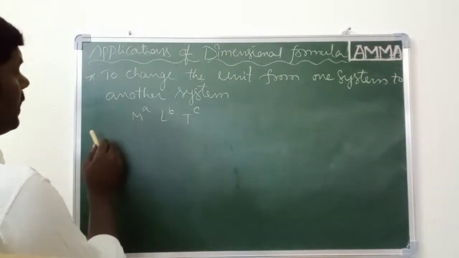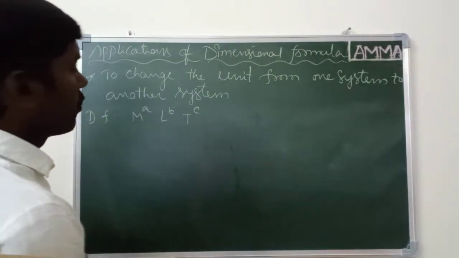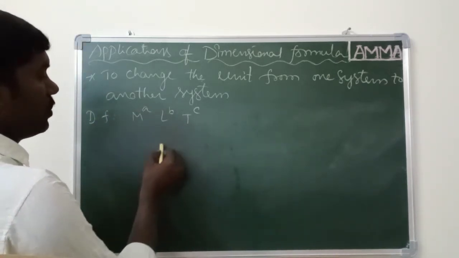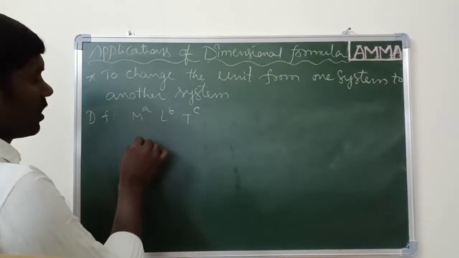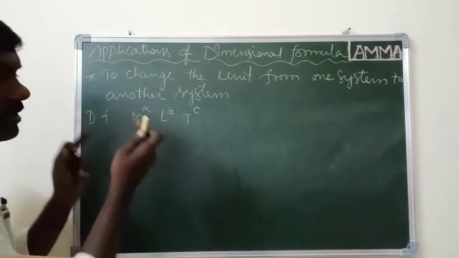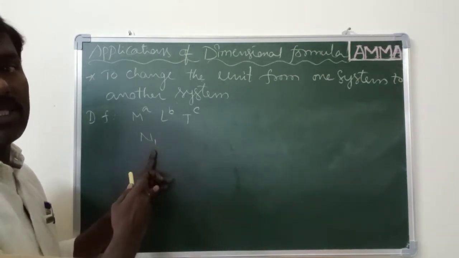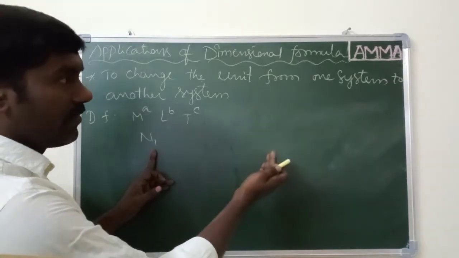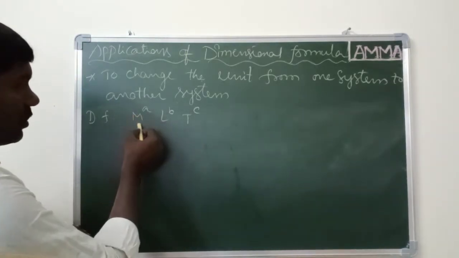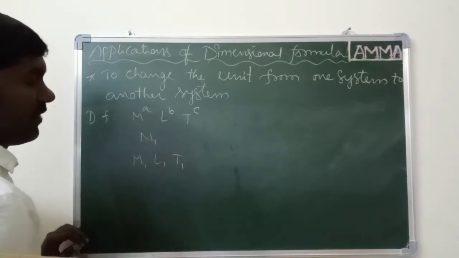Then let the dimensional formula of a physical quantity be M^a L^b T^c. And the numerical value of the physical quantity, before we convert the value, let it be N1. The units of these quantities are M1, L1, T1.